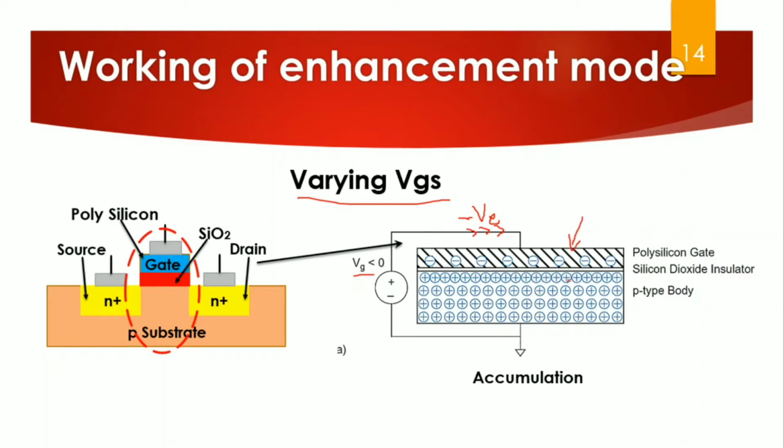This negative charge will obviously attract the positive charges present in the p-type body. So all the positive charges tend to move below the gate. It means that there is an accumulation of charge below the gate. Therefore, this phenomenon is called accumulation.